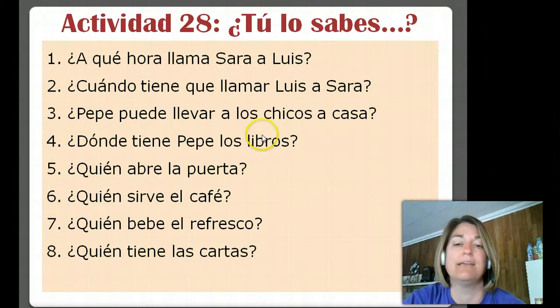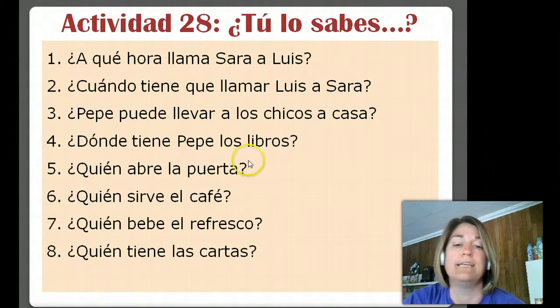Can Pepe take the kids home? So we'll say yes, he can take them. Them is referring to the kids. Yes, he can take them home. Sí, Pepe puede llevarlos a casa. Okay, because them just becomes los, and we're referring to los chicos.